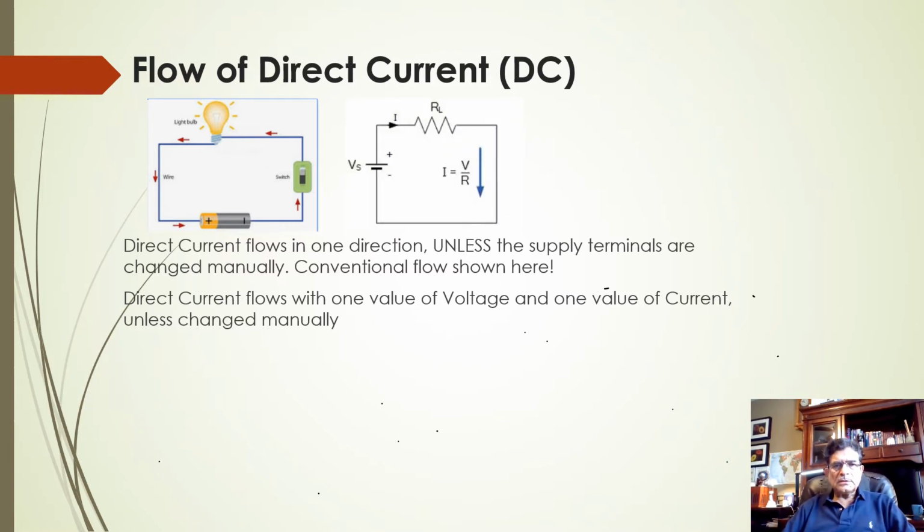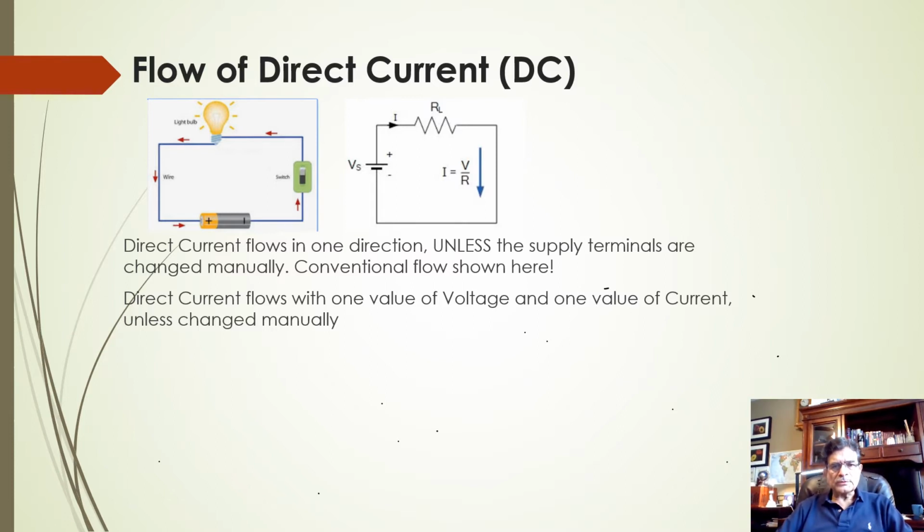A scientist, Ohm, developed a law called Ohm's law in his name: if a circuit has a voltage Vs, where Vs means supply voltage or source voltage, with a positive and negative sign, and there is a load RL, L for load, resistance R, and a current I flowing, then the amount of current flowing is given by a simple formula, voltage upon resistance, I = V/R.